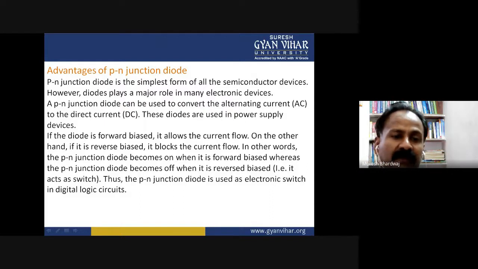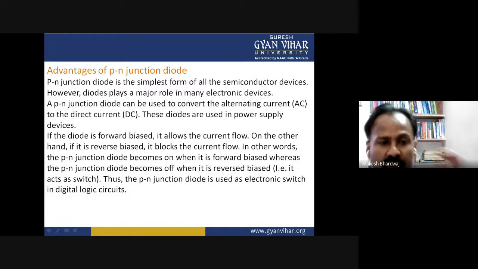If the diode is forward biased, it allows the current to flow. On the other hand, if it is reverse biased, it blocks the current flow. In other words, the PN junction diode is on when it is forward biased, whereas it is off when it is reverse biased. That is, it acts as a switch. Thus, the PN junction diode is used as an electronic switch in digital logic circuits.